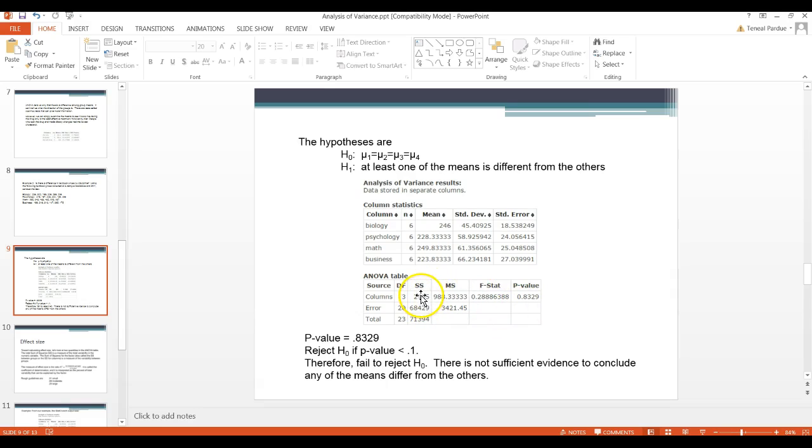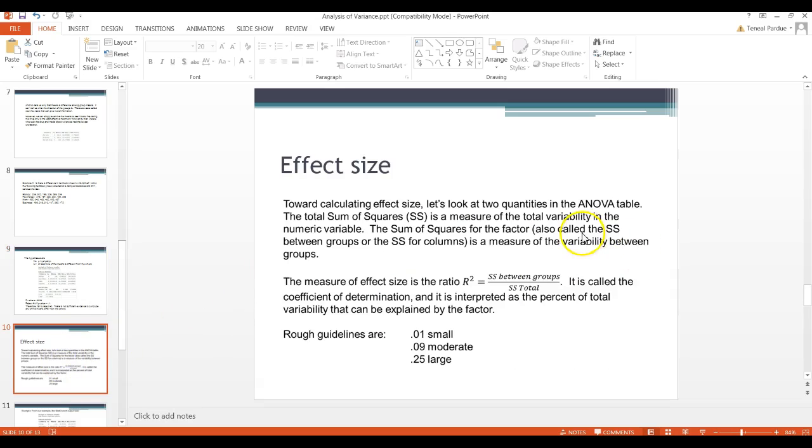Well, sum of squares is a measure of variability for 2 different things. We've got the error, which is the within groups, and the columns, which is the factor. So you might see that written as the sum of squares between groups, columns, or sum of squares for the factor. Those all mean the same thing.